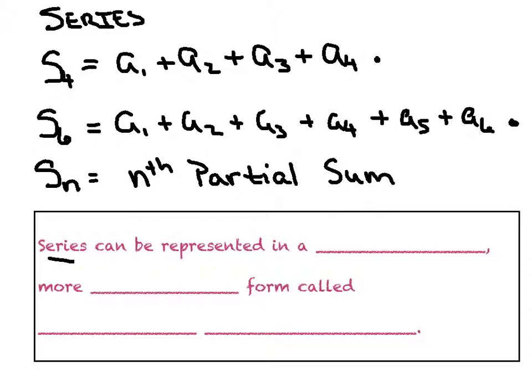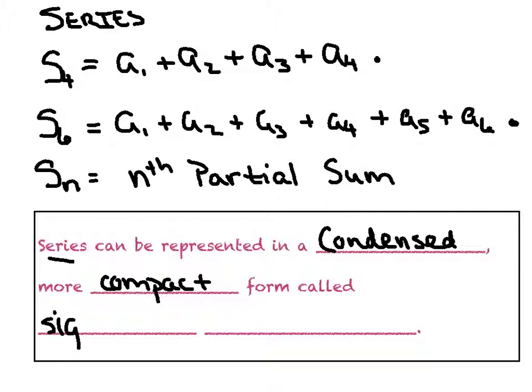And down here, we're going to say that a series can be represented in a condensed, more compact form called sigma notation. That's what today's going to be all about, how we're going to use that Greek letter to make our life a little cleaner and easier. Again, if I went a little too fast there, just hit the pause button, get that entire sentence down in your notebook so that we're complete and up to date.